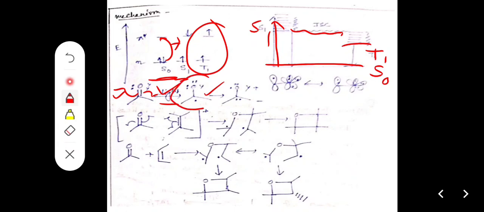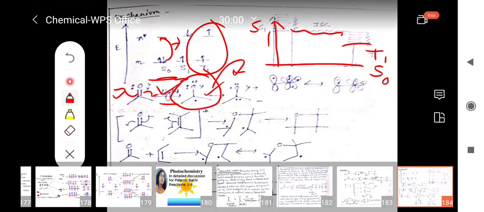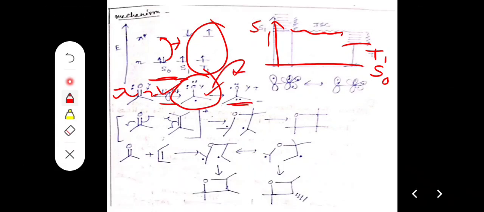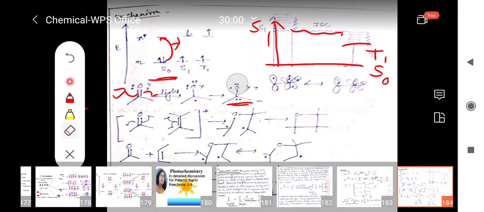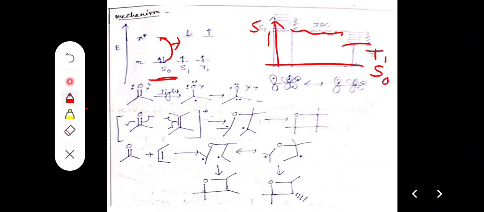So we get this configuration. Now they get excited and the other electron goes to this side, so we get two electrons in one orbital and one electron in the other.